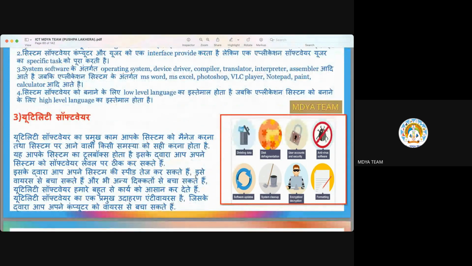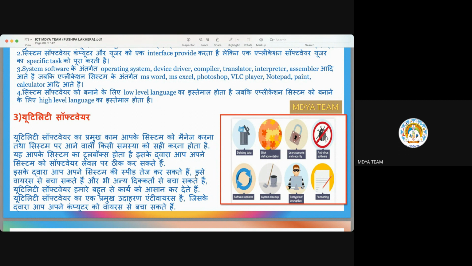in the next class. Then utility software just manages the system, to protect the system, and to solve internal issues by using some utility software. If there is some hang, some virus, or a file gets corrupted, you can retrieve your data by using some software.